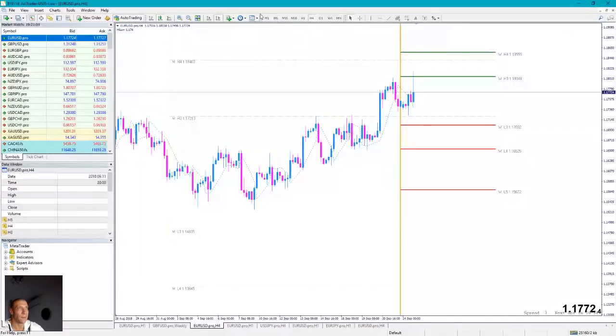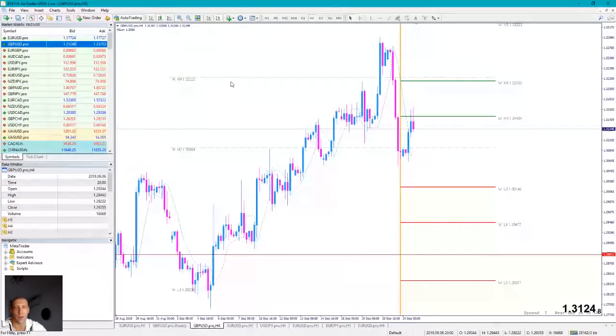So let's see if we can make money again on the GBP dollar. Possible rejection here, monthly H3, it's already rejecting, but I see a possible rejection again. This is holding a lot of confluence, also with historical buyers here. So this could spike.